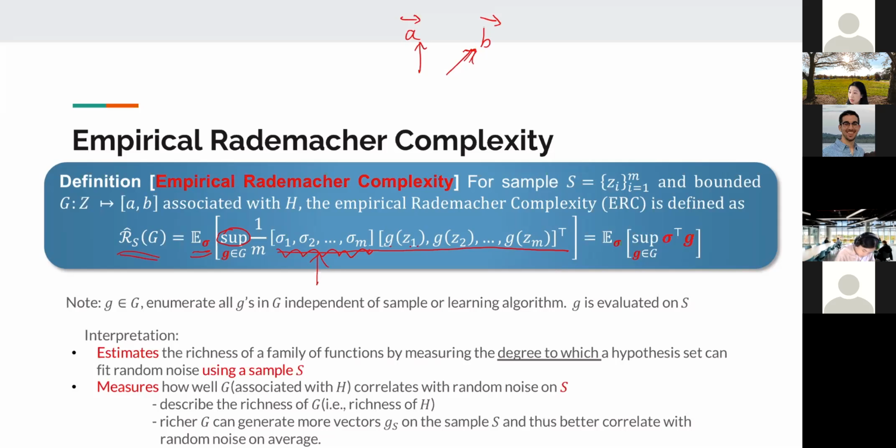Does that make sense? So now this is not related to data, right? This is related to how much your loss function can fit random noise.